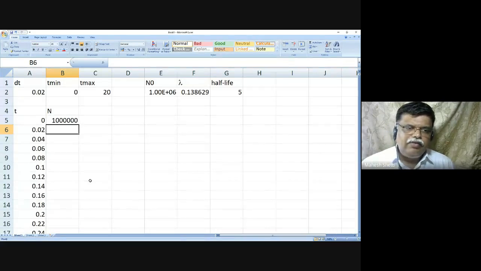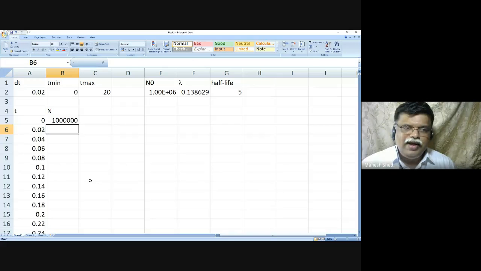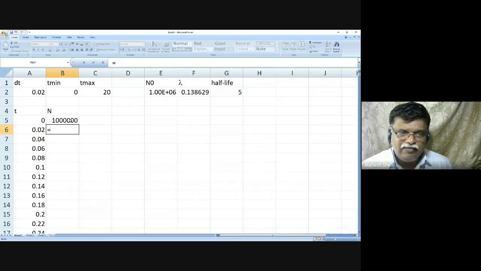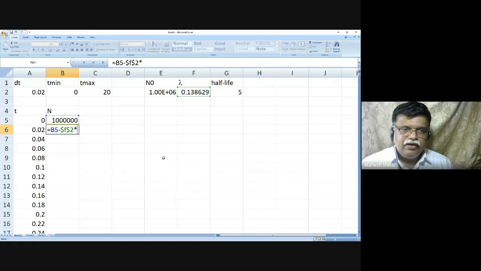Now let me do the calculation over here. What I said is that my n2 value is going to be n1 value minus lambda n1 dt. So this is going to be my previous value, n1, minus lambda, which is F2 here, but I will need to lock that $F$2, into the previous value, n1, again B5 I am writing.